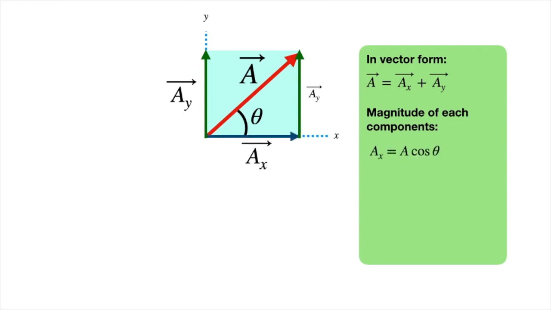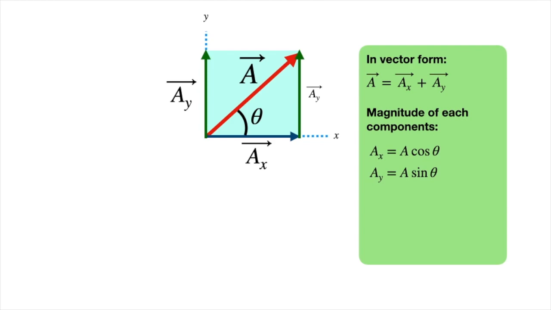Remember, cos relates to the side next to the angle, so AX is next to the angle theta, and that's why the relationship is A cos theta. AY can also be calculated using the sine equation, by which AY is equivalent to A sine theta. Notice the position of vector AY is opposite the angle theta, so that's why we use sine.